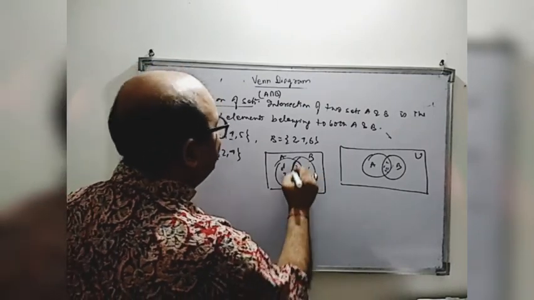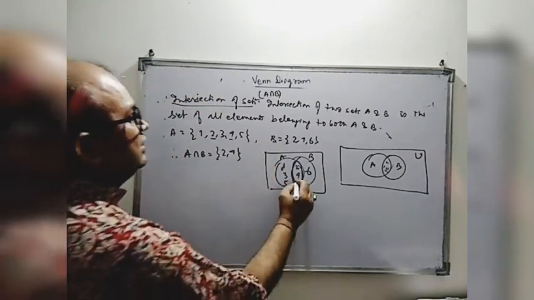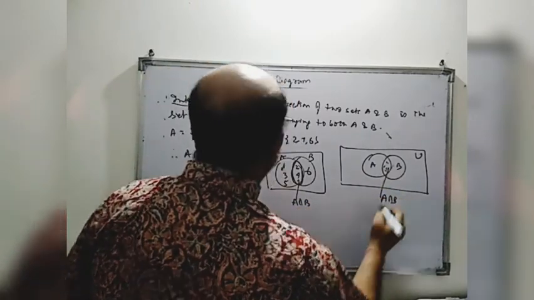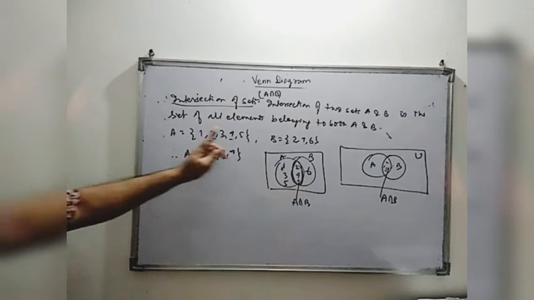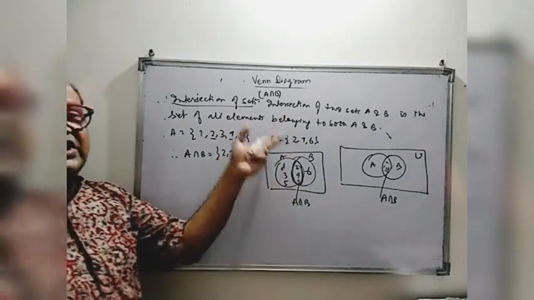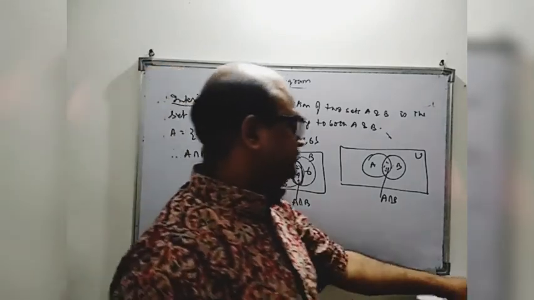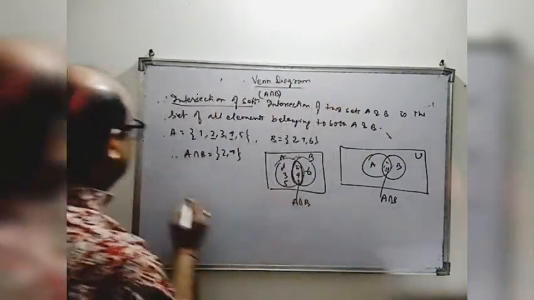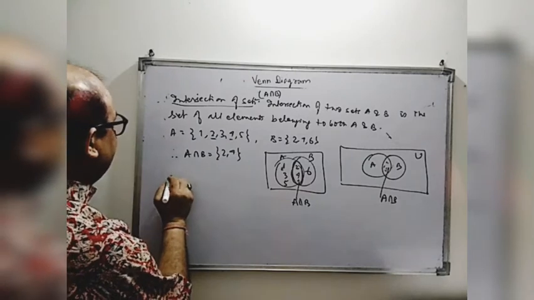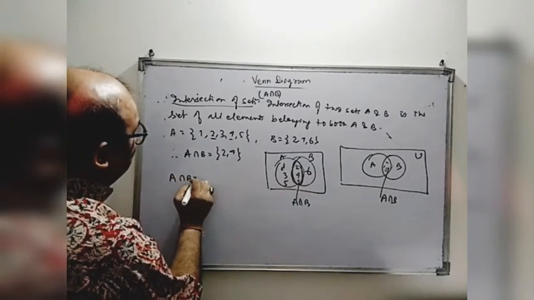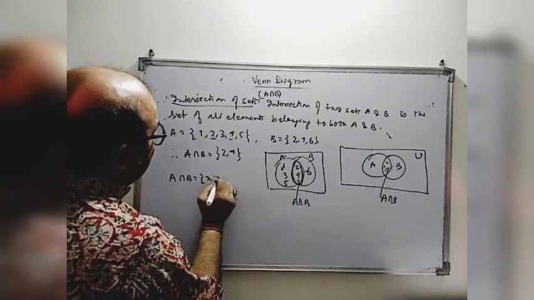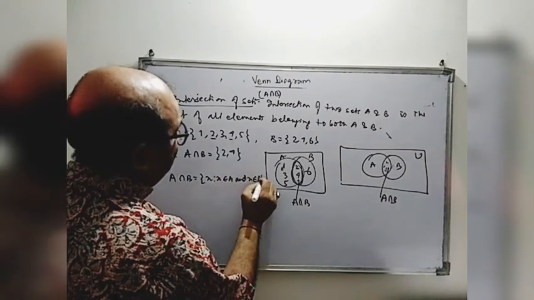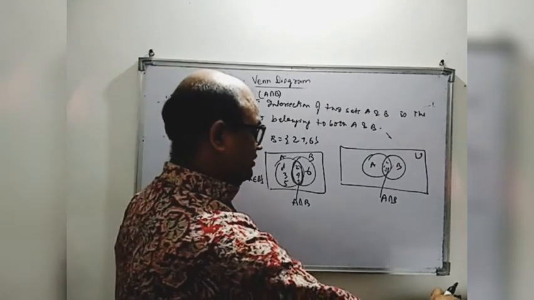This is the common element of both A and B. This is called A intersection B. So A intersection B is the set of all elements which belong to both A and B. In notation, it can be written as A intersection B equal to X, such that X belongs to A and X belongs to B.